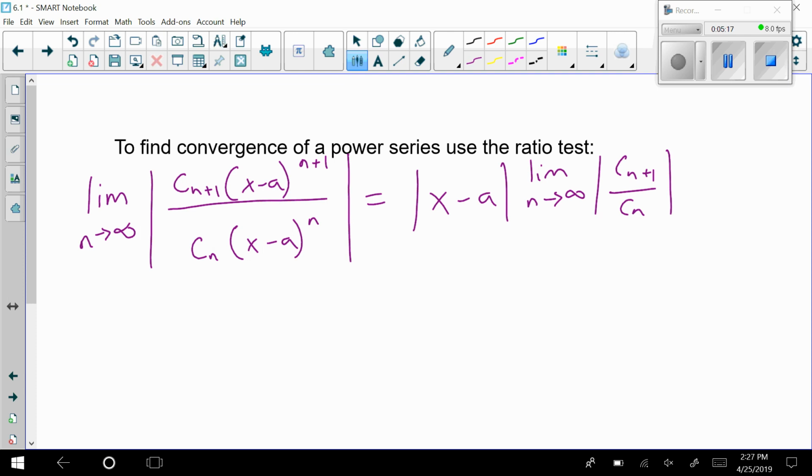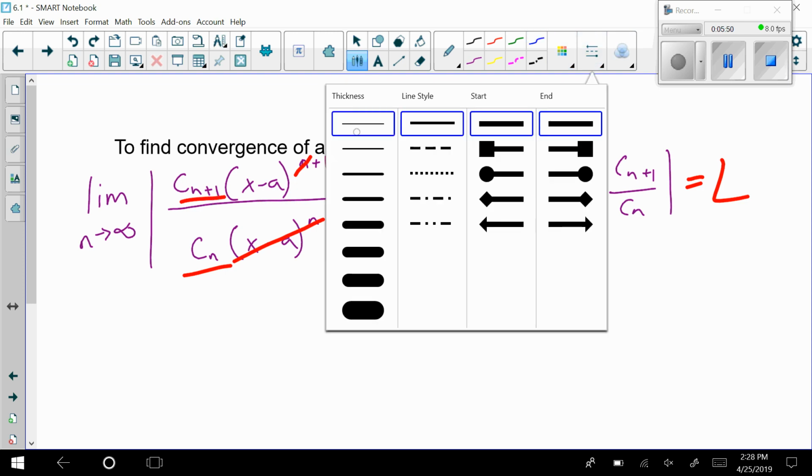This whole thing right here would essentially cancel out with this one here, because I can split them up and it becomes a multiplication. So I have this x minus a, and I make sure that this is a positive number, so I pull it out as the positive, and I'm left with just this over this. And we call that the big L here. So that helps us to start.